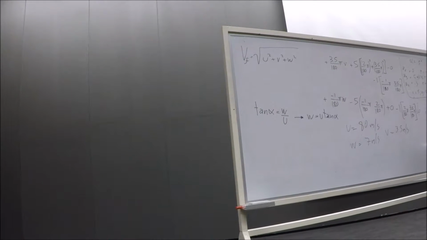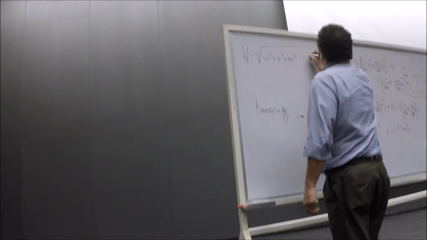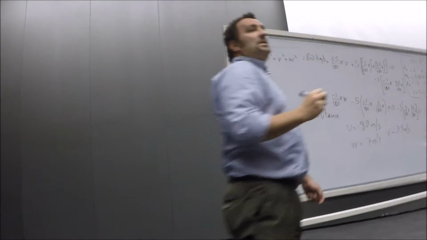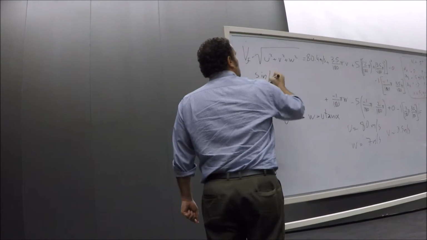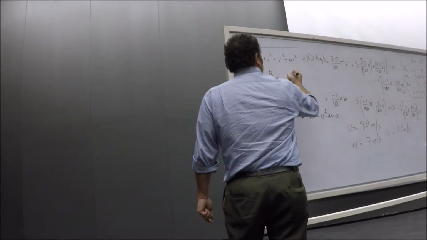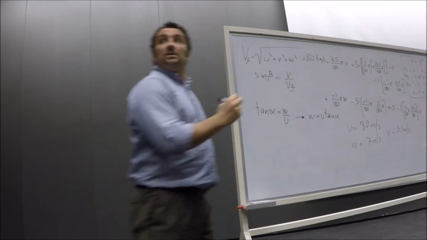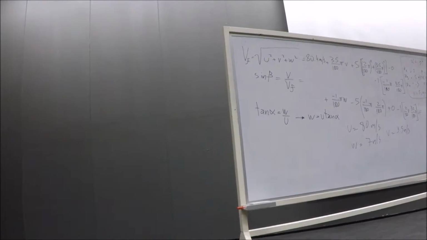And this turns out to be 80.4 meters per second. And then I can find the side slip angle beta from V over Vf. And this is 2.5 degrees.